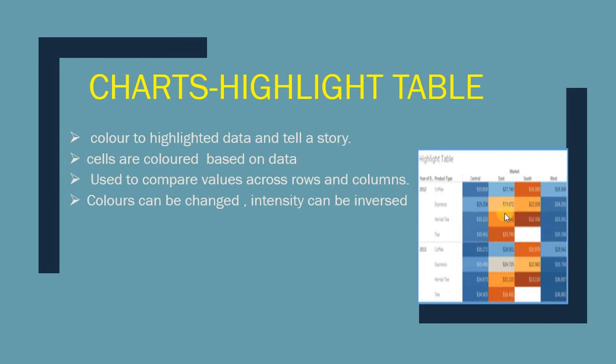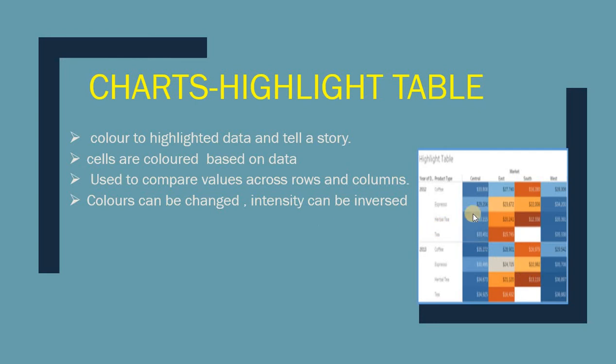Or we could reverse this, but mostly in presentations the deep ones, or the green, are usually the profit, and the reddish or orangey ones are the losses, or less profitable areas. We can compare them across whatever we like here, and as we said, we can inversely use the colors, as we can change the color to another color format. We will see this in the forming tables. So this is the highlight table.